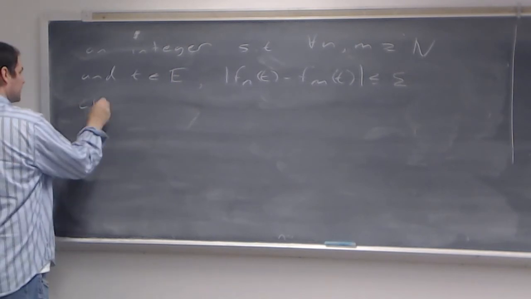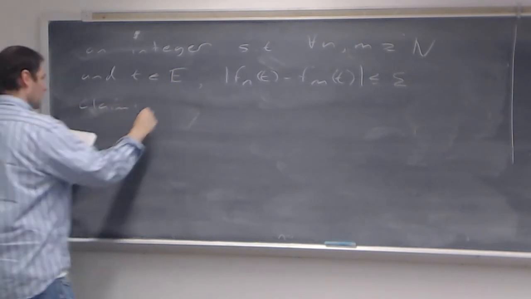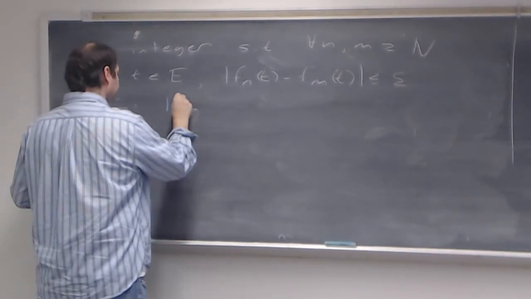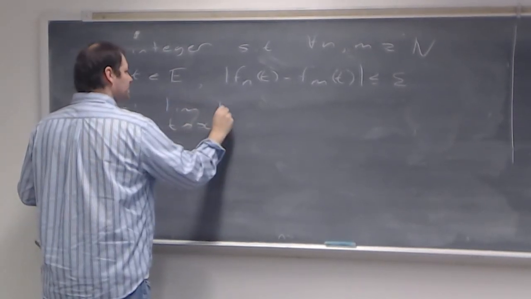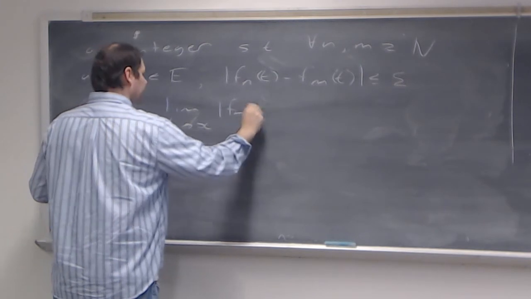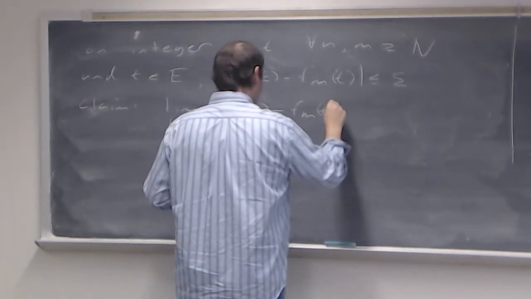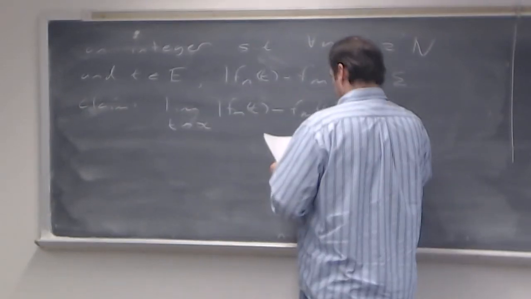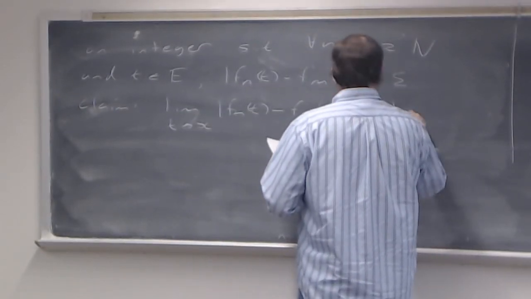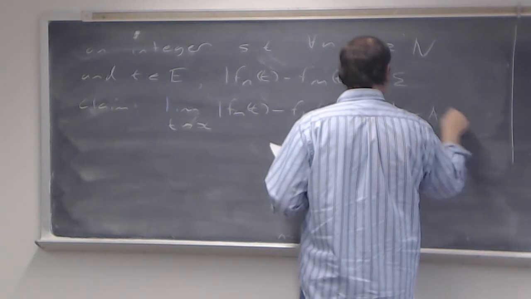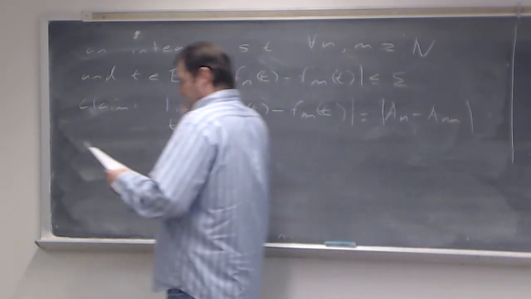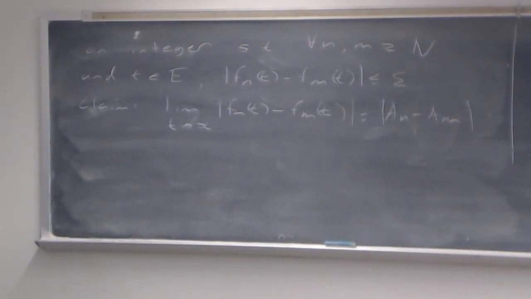And so, as a claim, the limit as t goes to x of the absolute value of f sub n of t minus f sub m of t is going to be equal to the absolute value of a sub n minus a sub m. So we're going to prove this claim.